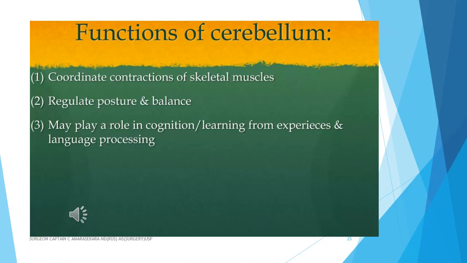Functions of the cerebellum: coordination, balance, and beyond. Now that we have mapped the cerebellar anatomy and its peduncular connections, let's consolidate its functional domains, which extend far beyond simple movement. Coordination of skeletal muscle contractions: the cerebellum fine-tunes voluntary movements initiated by the motor cortex.